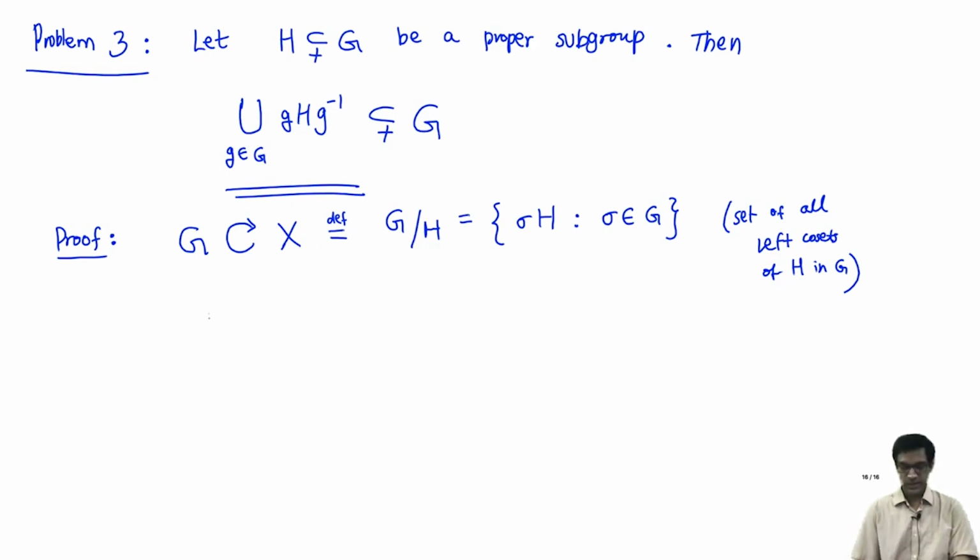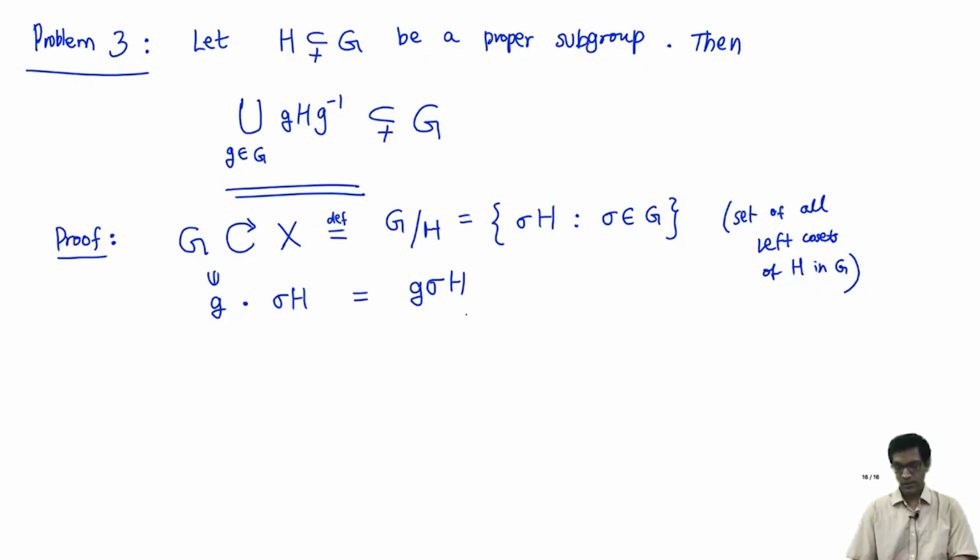That's the interesting bit. What's the action? Well, the most natural thing: if I take a group element g in G and an element from X, what's an element of X? Well, it's a left coset. How do I make g act? I just say it's a new left coset, the left coset of the element gσ.